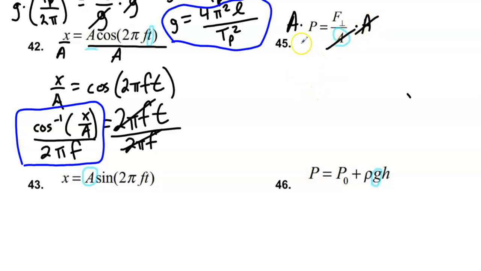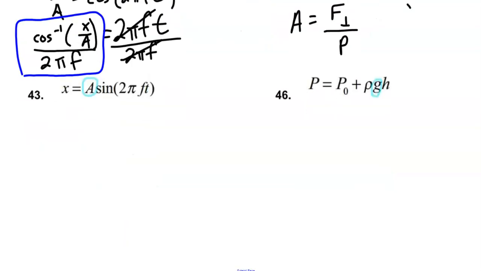Then we can clearly see that we will need to divide both sides by P to isolate A. So A equals F perpendicular divided by pressure P. That's lovely.